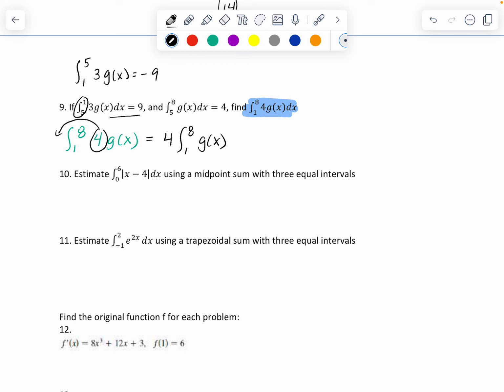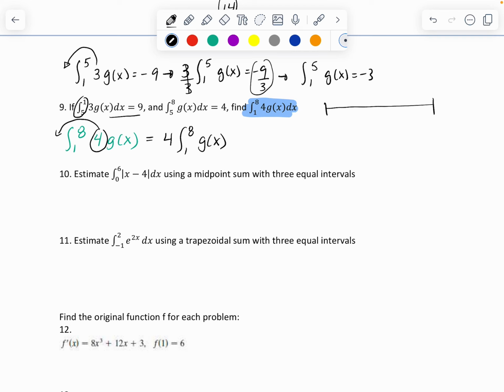A constant can come out, so this is really 3 times the integral from 1 to 5 of g of x equals negative 9. Then I can get rid of this 3 by dividing both sides by 3. So the integral from 1 to 5 of g of x equals negative 9 divided by 3, which is negative 3. I'm really just trying to isolate the integral of g of x by getting rid of all the fluff around it.